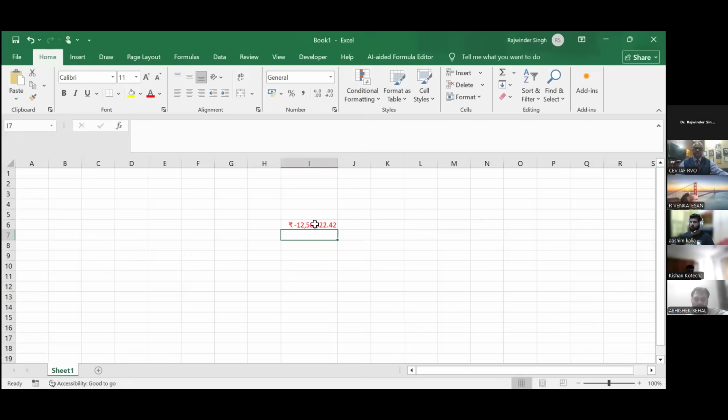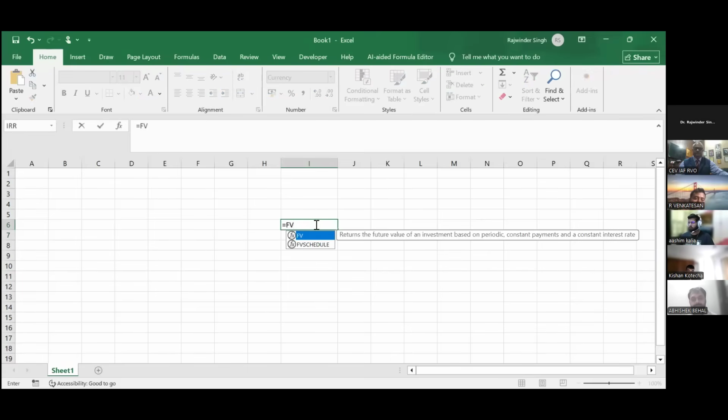So the formula is the same, FV. There you have to calculate FV. See what will be the difference here. FV bracket start, rate of interest is 7%. Number of years is 18. Now it is PMT, the number of payments.